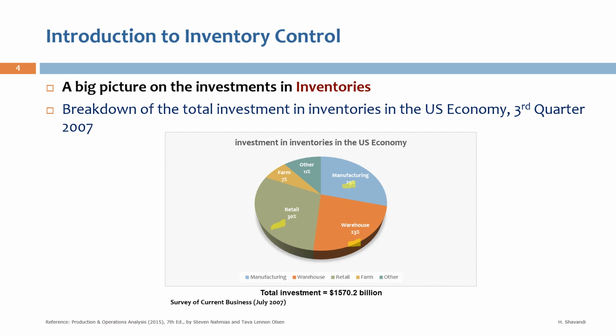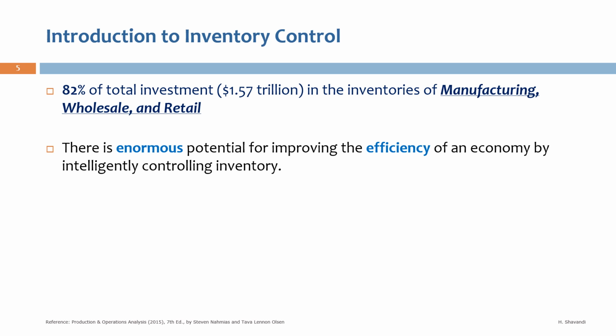So if we add up these numbers, we see that 82% of the investments in inventory are in the supply chain environment: manufacturing, warehouse, and retail. The 82% of total investment is this number, $1.57 trillion. It's a huge number, right?